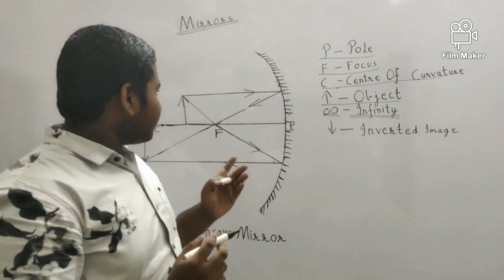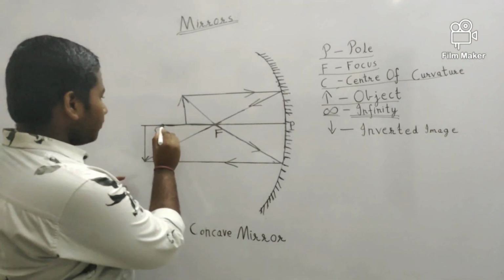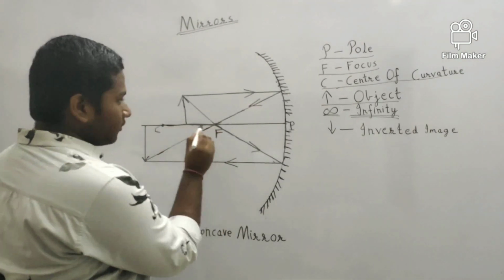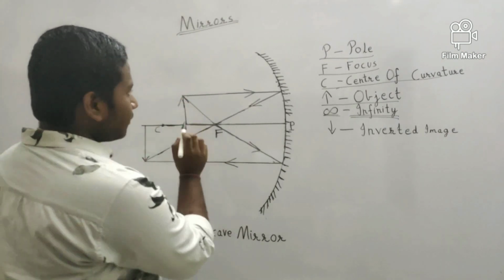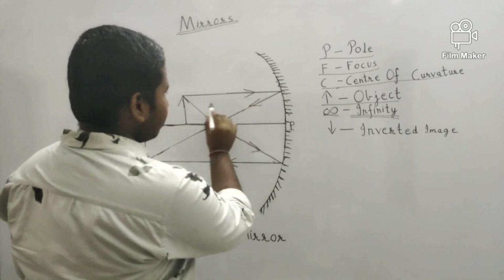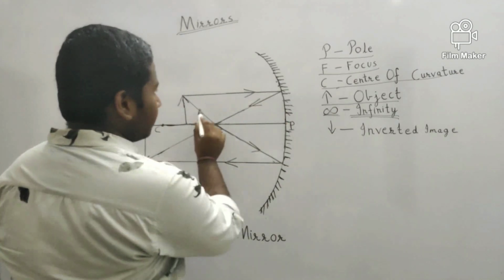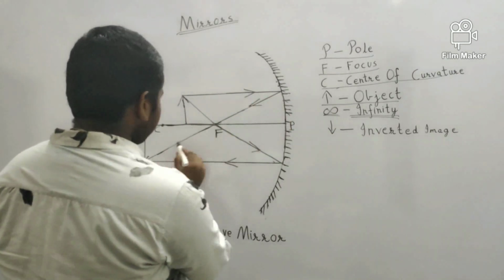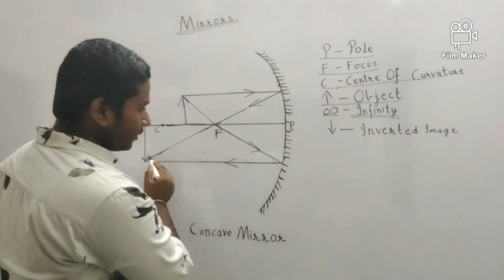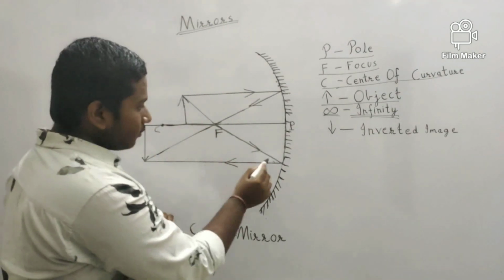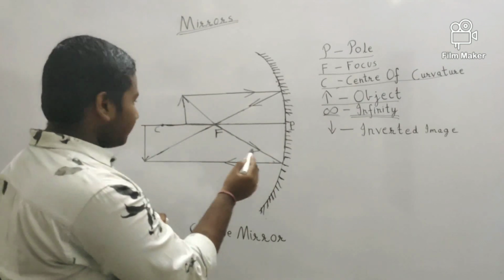The fifth condition we are going to learn is when the object is placed between center of curvature and focus. When we place the object between center of curvature and focus, first we will take one ray going parallel to the principal axis which reflects through focus, and another ray going through focus reflecting parallel to the principal axis.